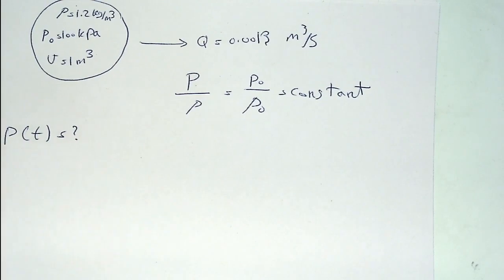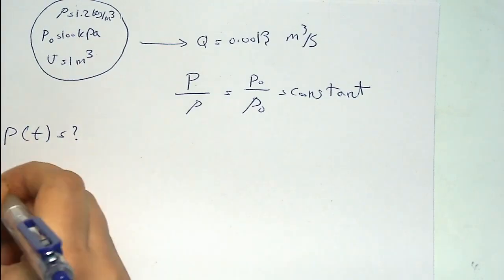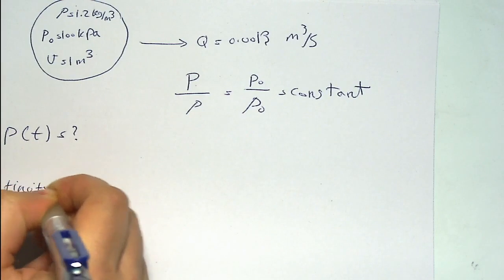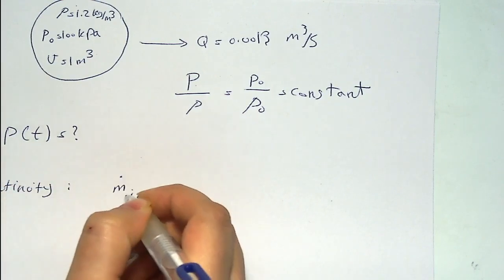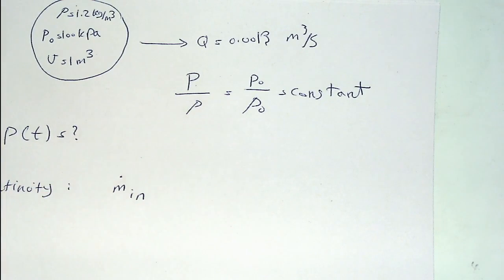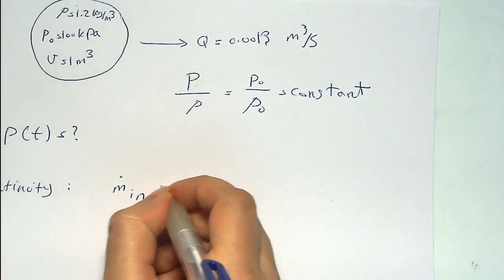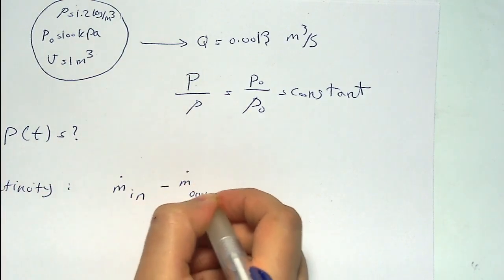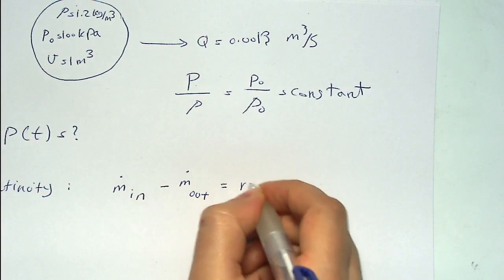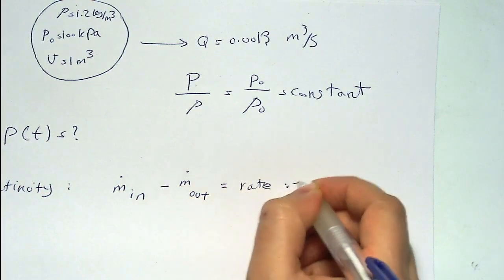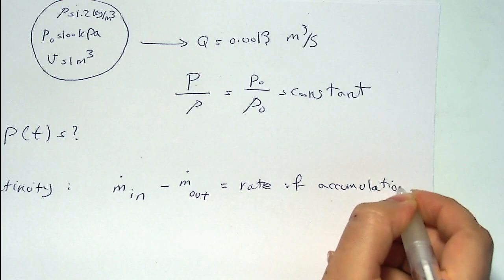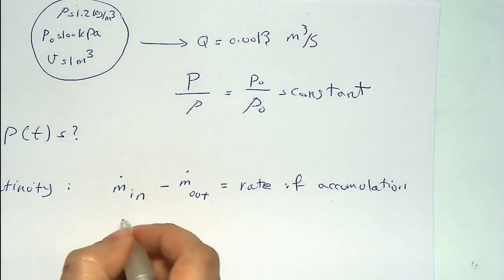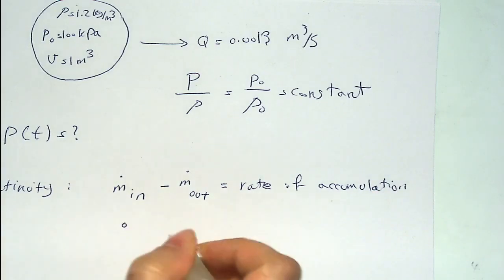Okay. So again, using the continuity equation, I know that the mass that is coming to this tank minus the mass that is coming out of this tank is equal to the rate of accumulation. Nothing is coming to the tank, so m dot in is equal to 0.